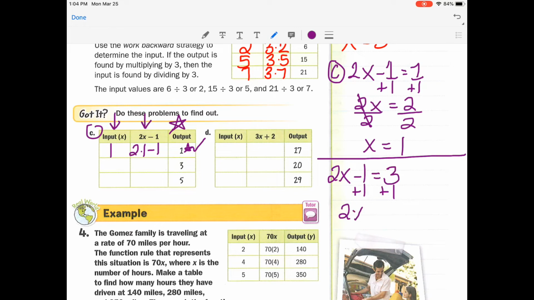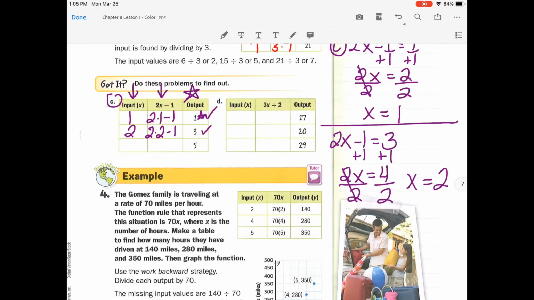That leaves me with 2x equals 3 plus 1, which is 4. And now, since I'm multiplying, I am going to divide, and I'm going to be left with x equals 2. So 2 times 2 is 4, minus 1 is 3. Check.